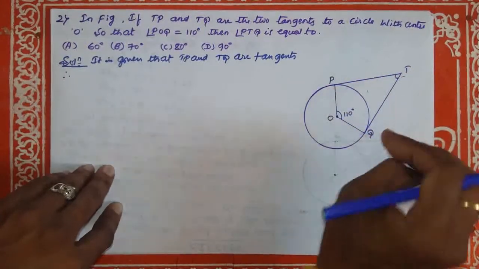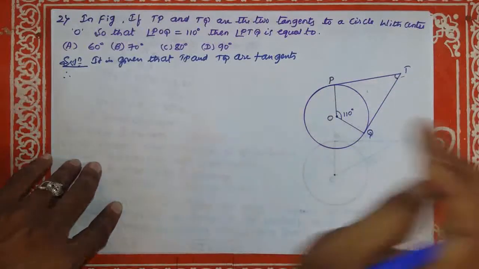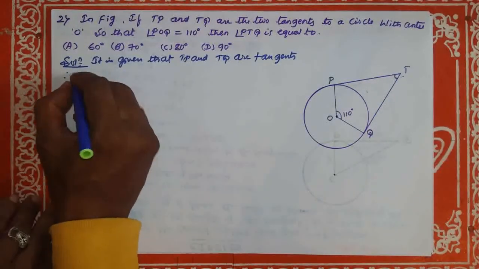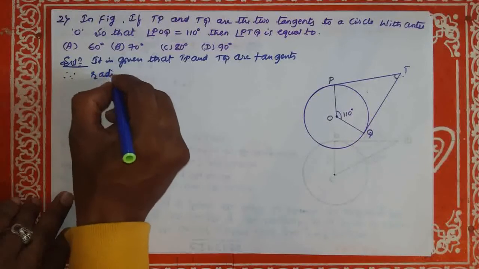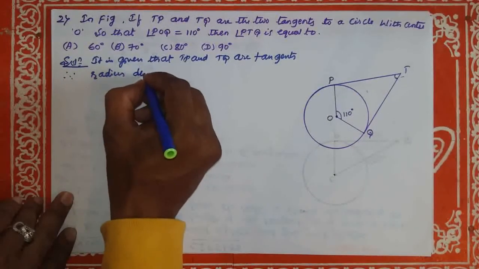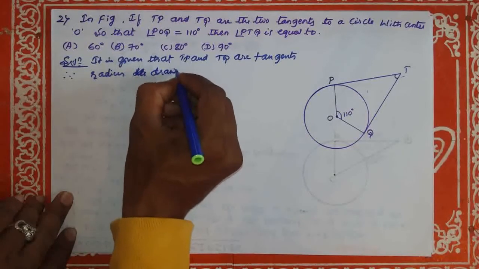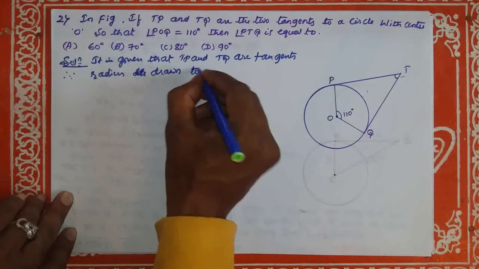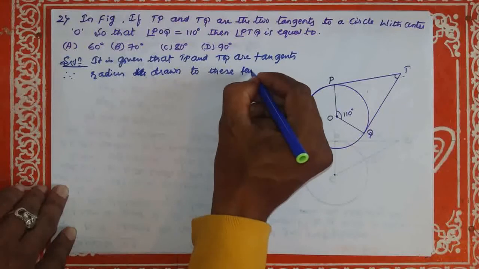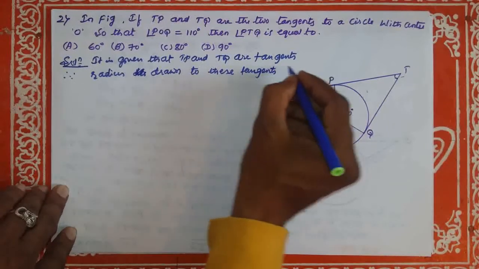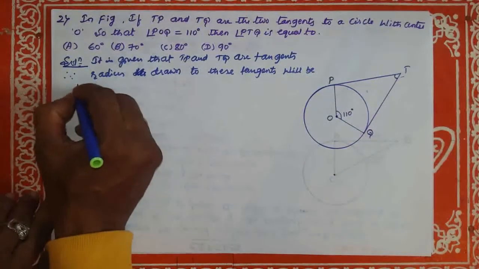OP is perpendicular to PT and OQ is perpendicular to TQ.